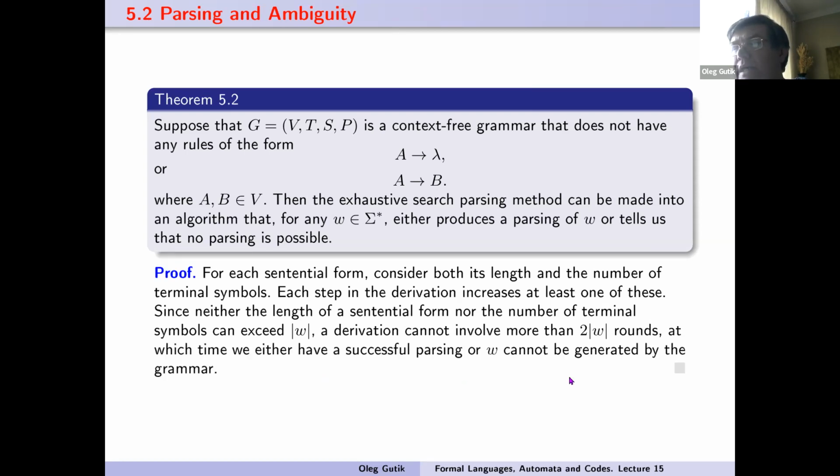At that time we either have a successful parsing or the word W cannot be generated by the grammar. It's complete. The proof of this theorem is in point 2.